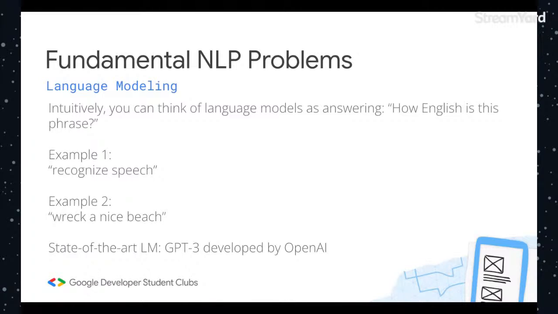There are a few known problems with NLP, like language modeling. You can think of it like, let's say you are uttering a phrase, "recognized speech." But if the model is not trained very well, it could also perceive it as "wreck a nice beach." So it can go either way.